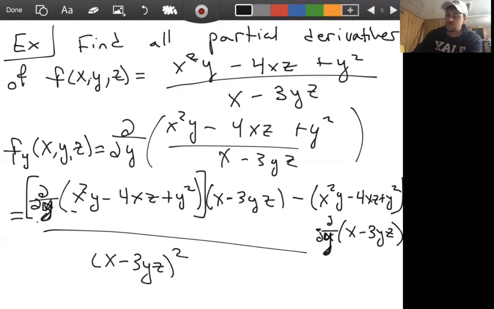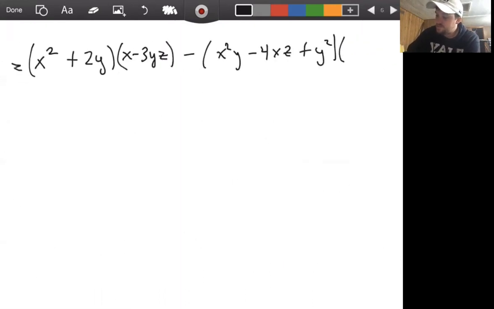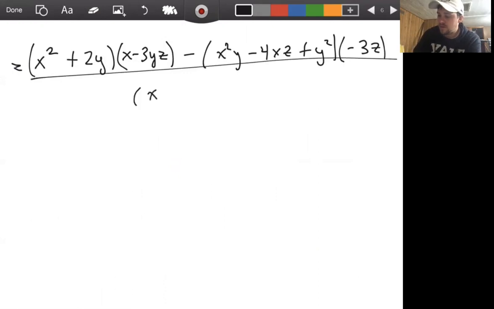The derivative of x with respect to y is 0, and then the derivative of the second term gives negative 3z, all over the denominator squared, x minus 3yz squared.